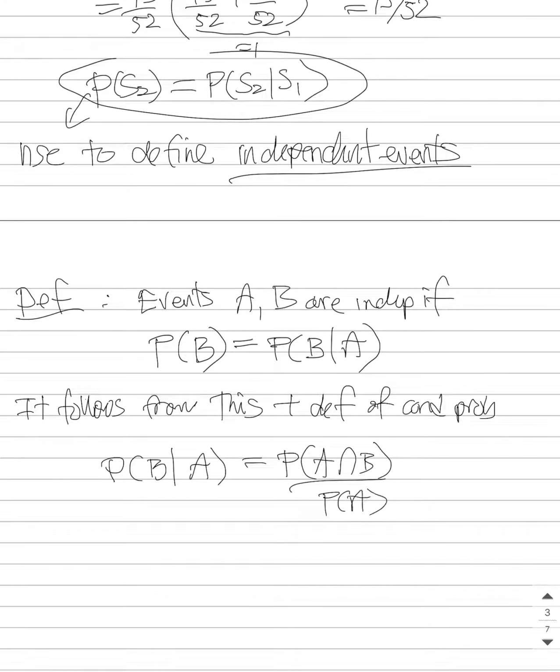If you make this replacement in here, what you'll find is that P of B gets to go upstairs, and this formula can be rewritten very conveniently as the following. P of A times P of B is how you get the probability of this intersection.